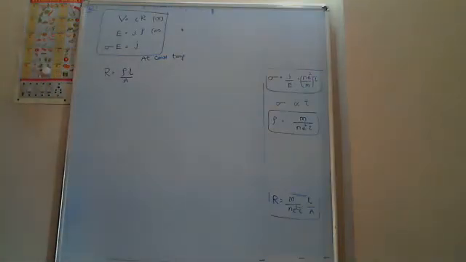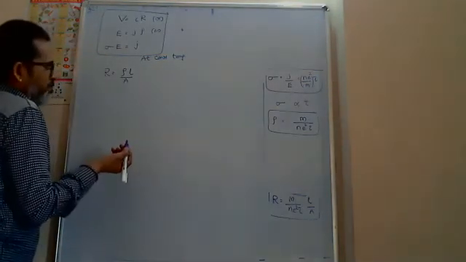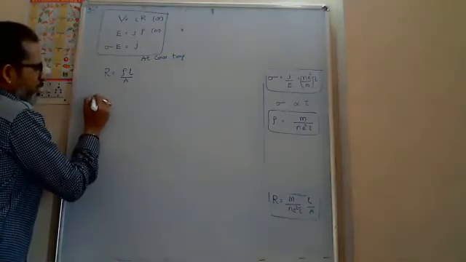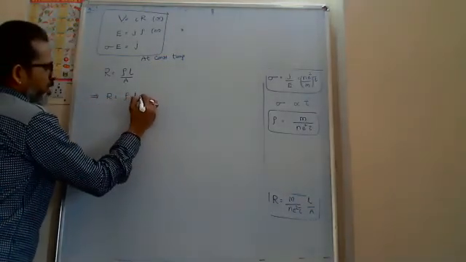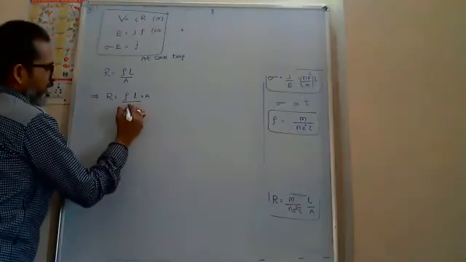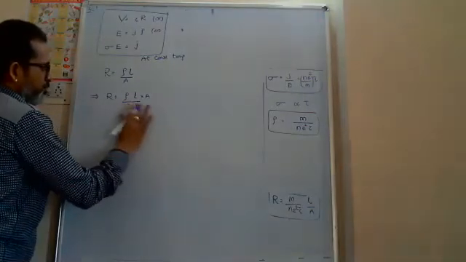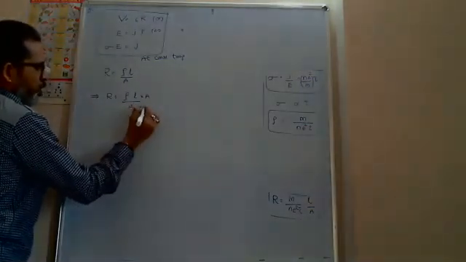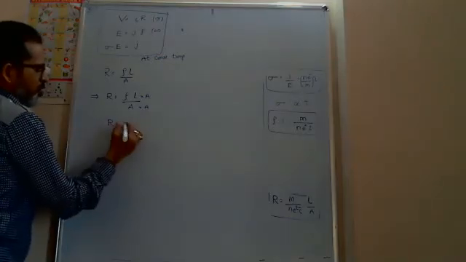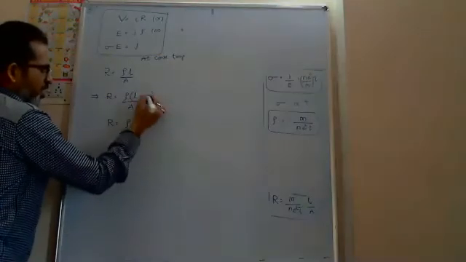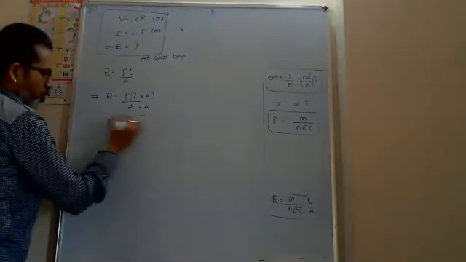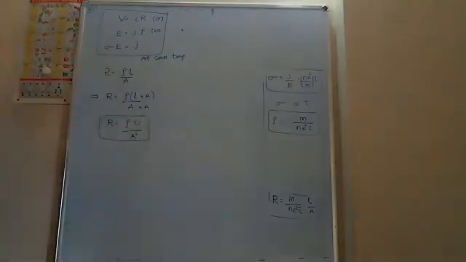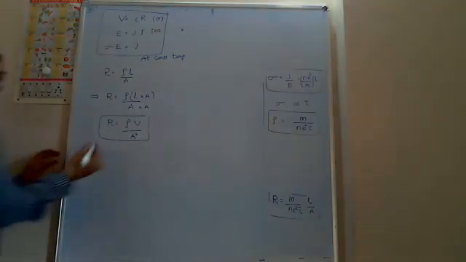Sometimes, for the given material, they give the volume. Then you can convert, of course, by multiplying the numerator and denominator with the area: rho L by A into A. You will get R is equal to rho into length into area, which is volume, by A square.